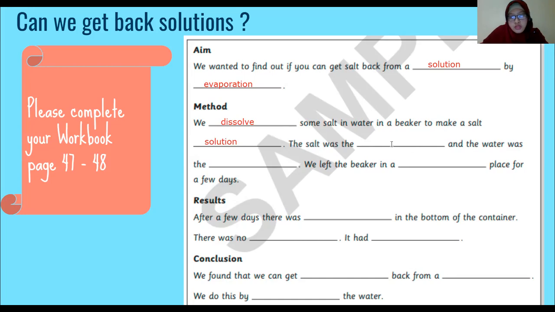The salt was the solute, and the water was the solvent. You know that the mixture between solute and solvent is the solution.